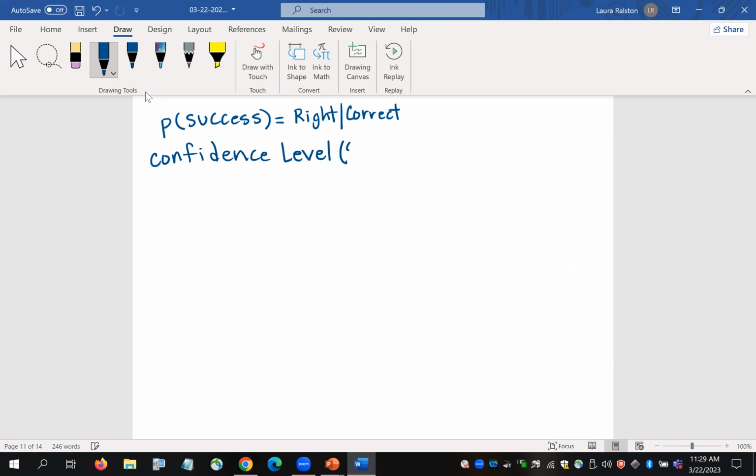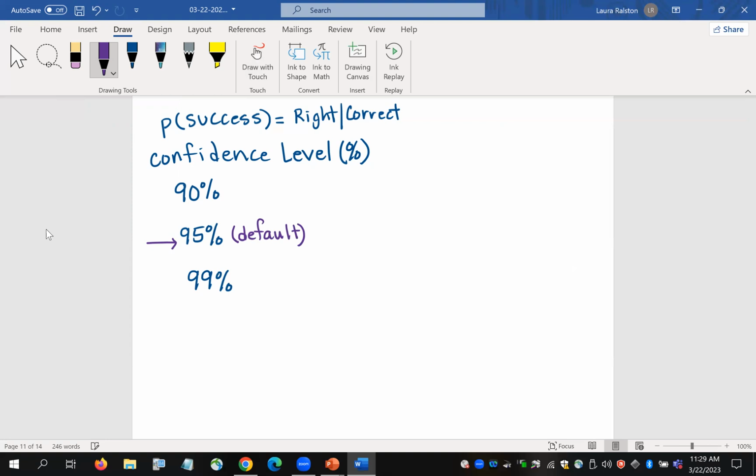And again, it is usually stated as a percentage. The most common ones are 90%, 95%, and 99%. Of those three, the most common is 95%. 95% is also what we call the default.